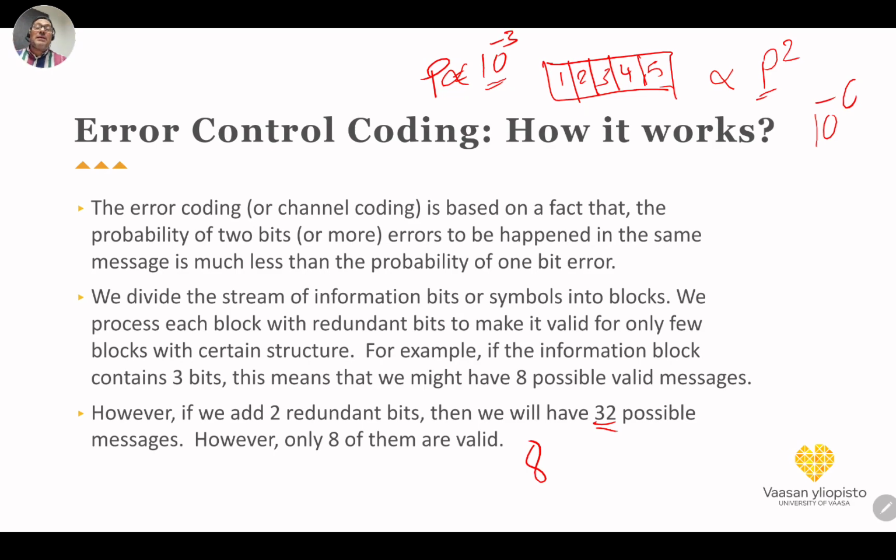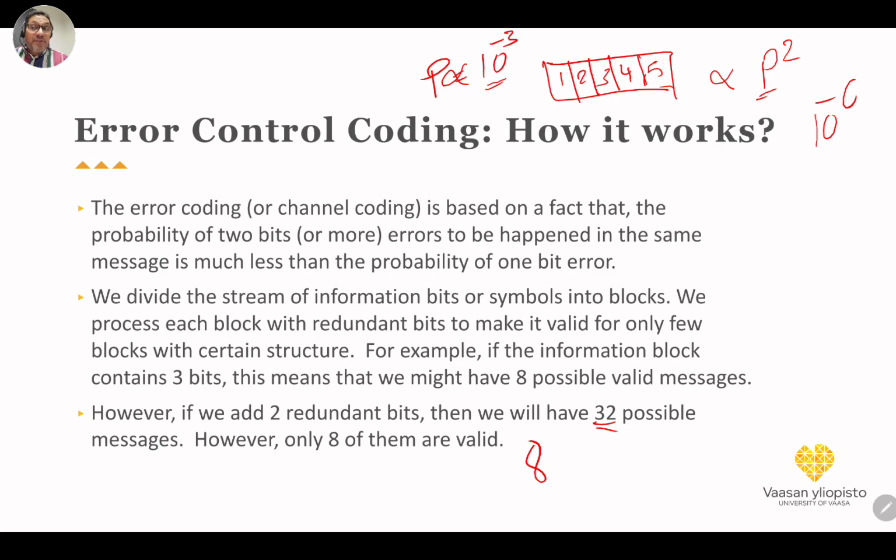So now you can see that the probability of having more than one bit in error per packet is much less than the probability of having only one bit error. Having 2 bits is much less than the probability of having 1 bit. Having 3 bits is much less than the probability of having 1 bit or 2 bits, and so on.